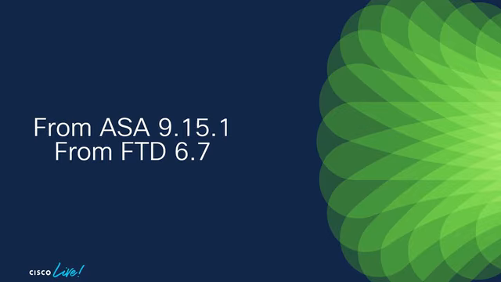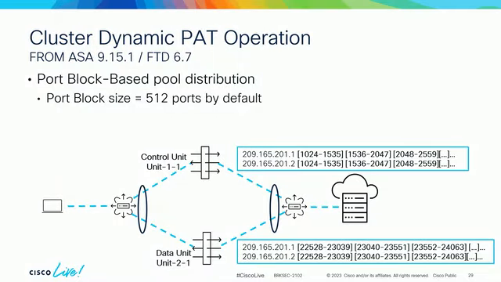The first one: the control unit will divide each IP address in the PAT pool into equal-size port blocks, and it will evenly distribute these port blocks across the cluster units. So in this example, we can see that each unit in the cluster will partially own an IP address from the PAT pool.